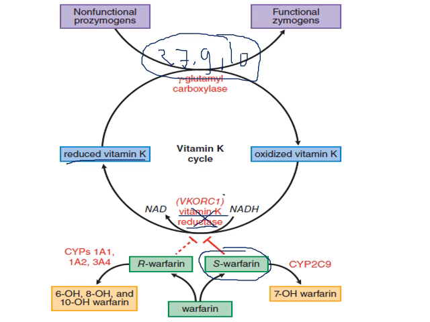S warfarin is metabolized by the cytochrome P450 enzyme CYP2C9, and any polymorphism in this enzyme will alter the effects of warfarin. If there is a polymorphism in CYP2C9, its effect will decrease, leading to decreased metabolism of warfarin, and the plasma concentration of warfarin will rise.